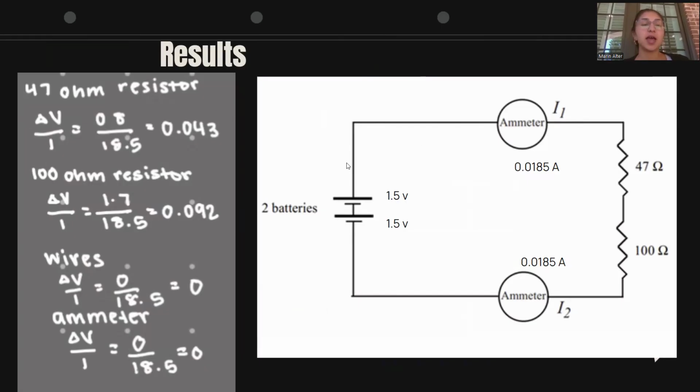And for the 100 ohm resistor, we have 92 ohms. And that's because these aren't exactly perfect, and our measuring tools are slightly off, but they're pretty similar. And the wires and the ammeters should have 0 ohm resistance as well.